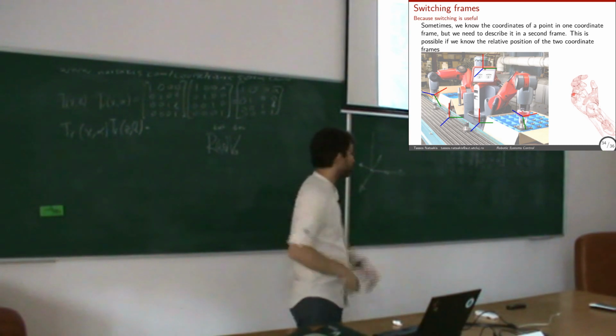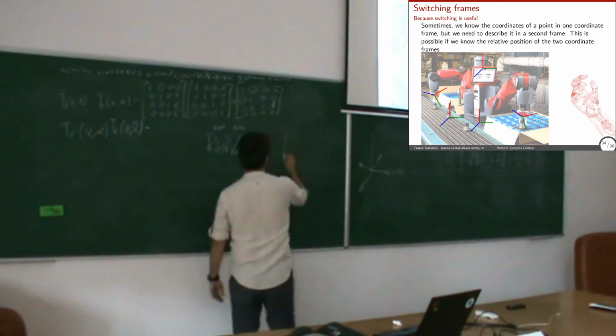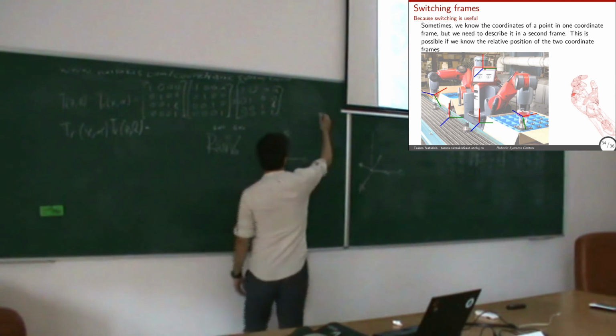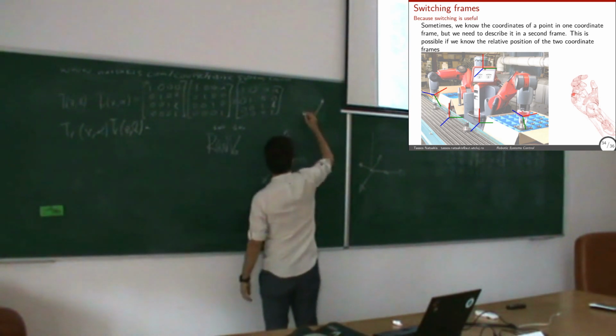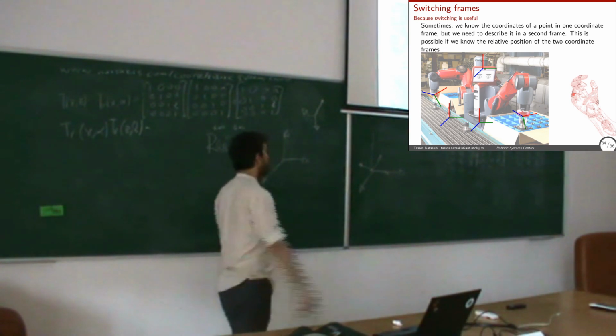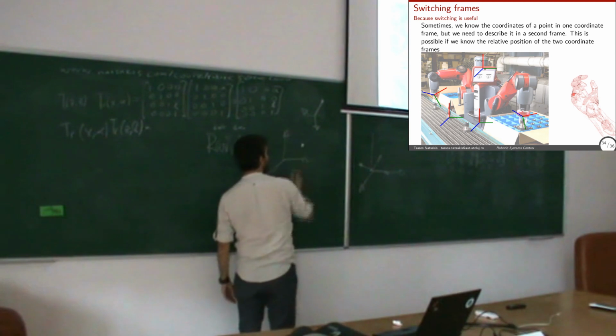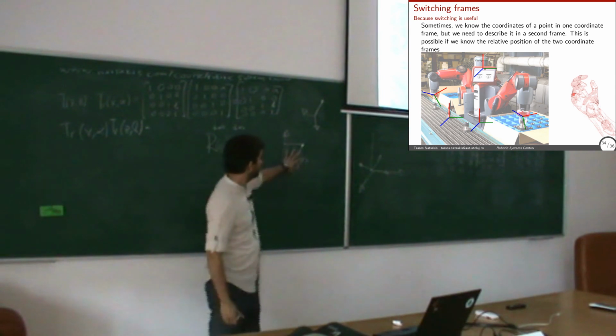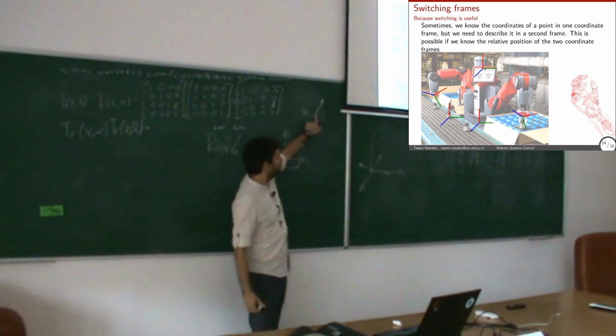I might have one frame on one sensor, for instance, and another frame on the base of the robot, and I have a point that this one knows where it is, and I need to tell what coordinates it has on another frame.